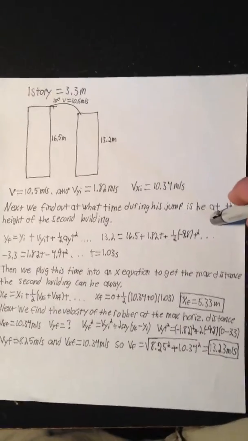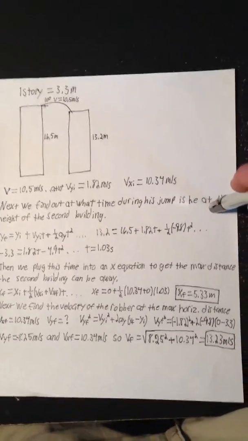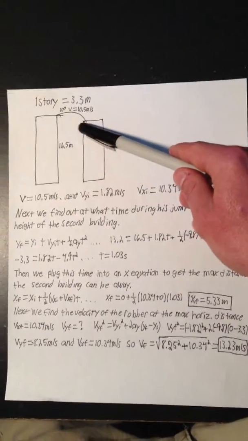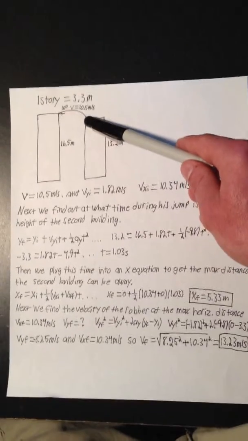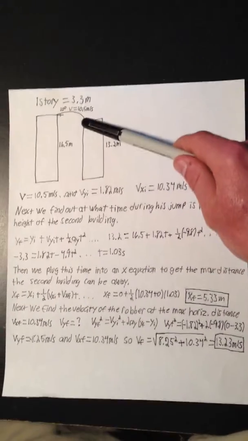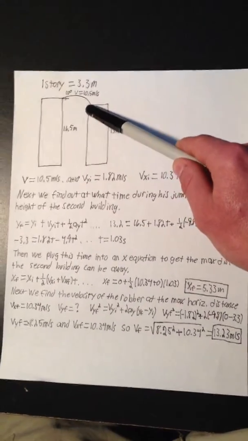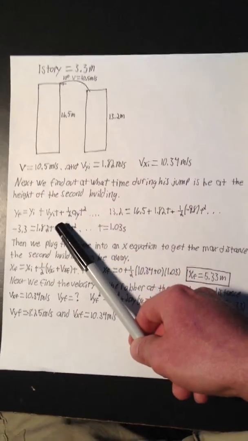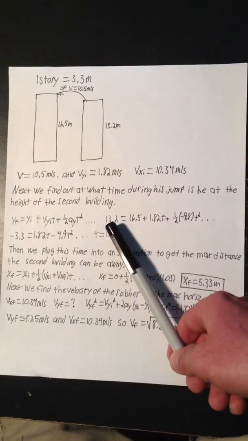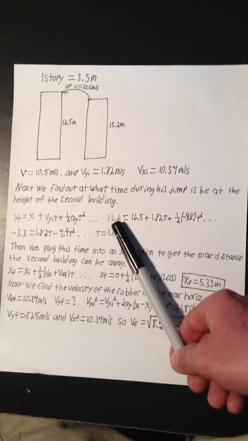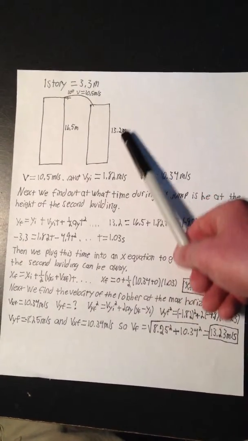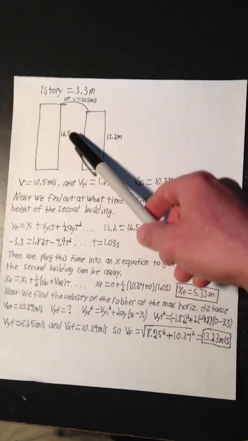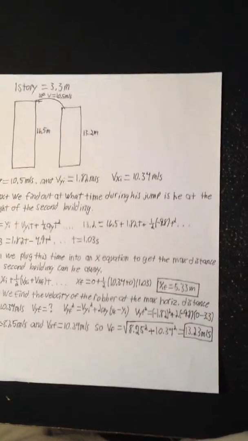Next, we want to find out at what time during his jump he is level with the second building. So, at what time is he vertically at the second building? Using this equation, plug in 13.2 for your y final, which is the height of this building in meters, and 16.5 for y initial, which is the height of this building in meters.